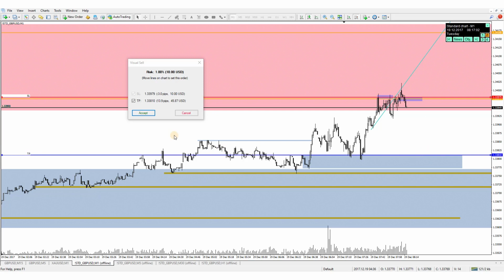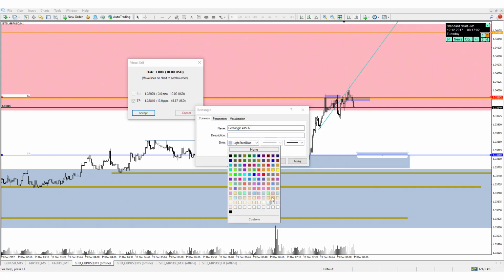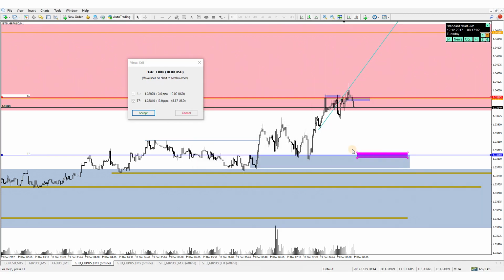And 1 to 4.5. Is this worth the game? For me, yes. So I just want to mark this as my favorite TP. Let's make this a magenta zone, that this would be my live trading TP. So 1 to 4.5.